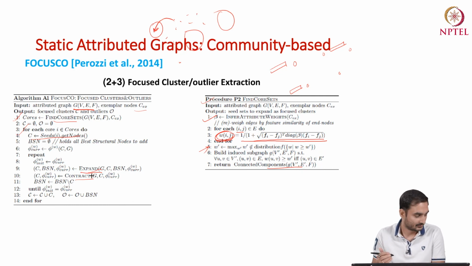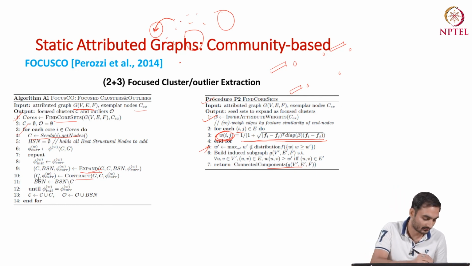Through this process you will find some nodes which would be removed from the core set. The core set is defined based on both topology and attributes, but with respect to only the topology those nodes will be there, while with respect to both topology and attributes those nodes will be removed.